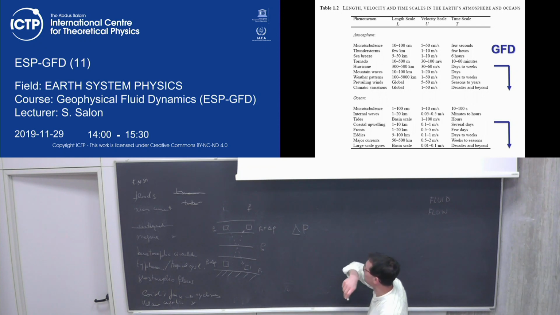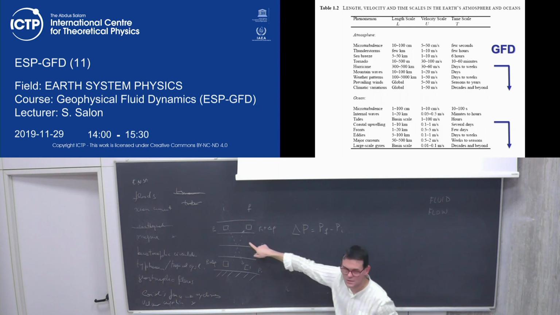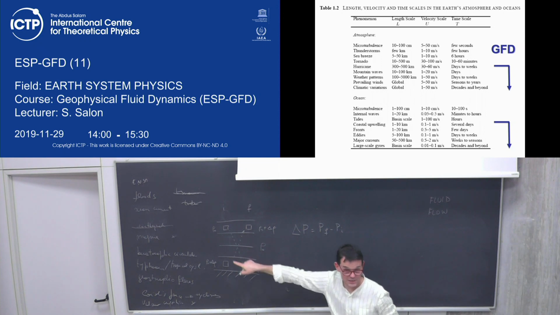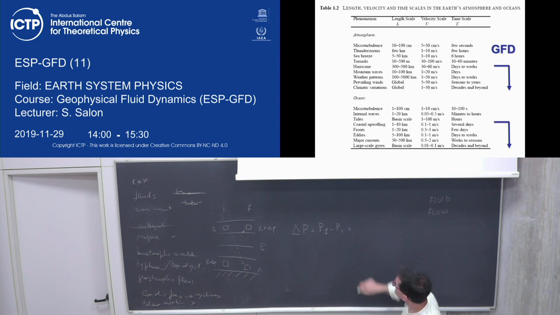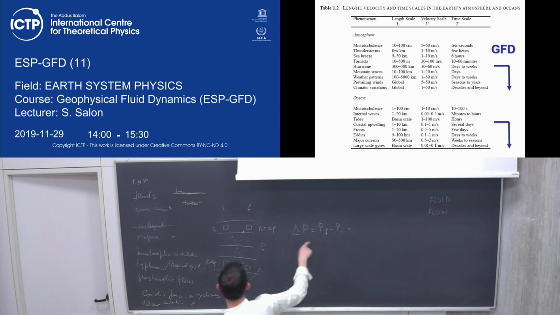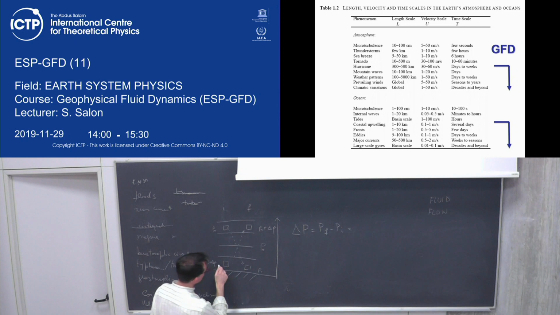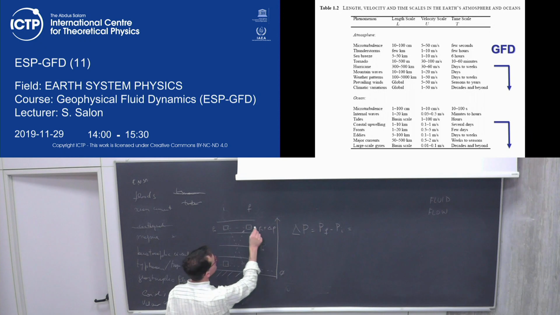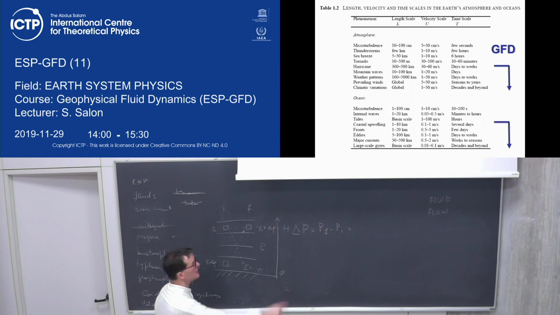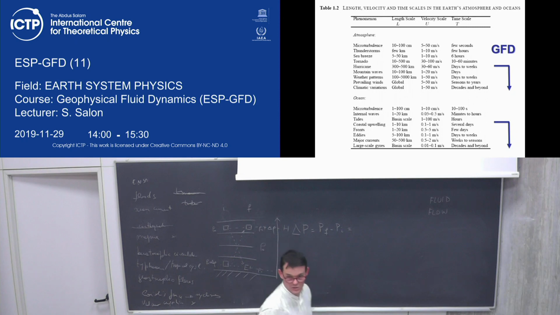So the variation of potential energy is the difference between the potential energy in the final stage and the potential energy in the initial stage. If I take a reference, I consider the position here as 0 and the position here as h. h is the height scale, the scale of the density variation.